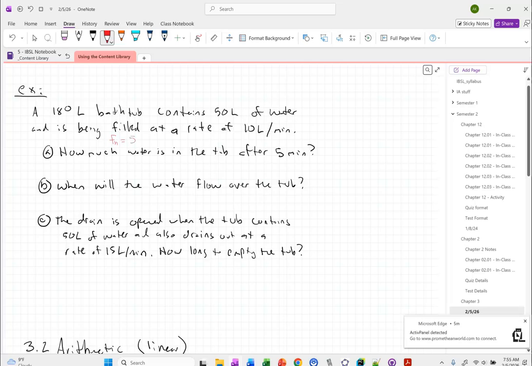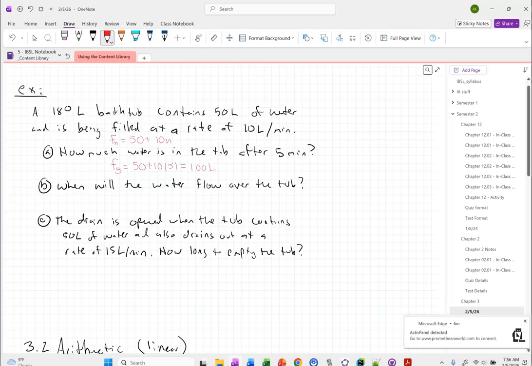Initially we contain 50 liters, and then every minute 10 more come in. So I write my sequence that way. How much water is in the tub after 5 minutes? Well, that's just f of 5. So I'd have 100 liters.